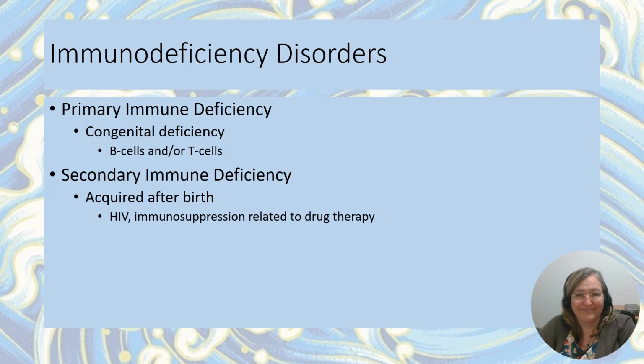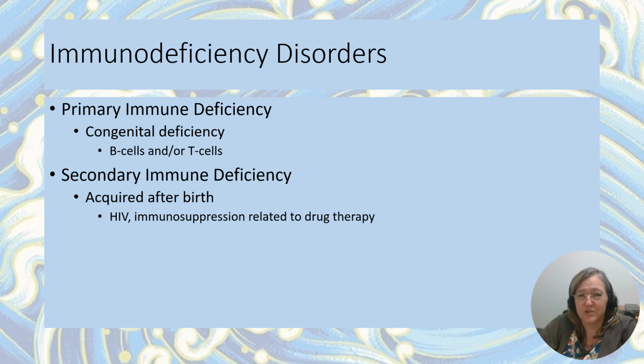So when we talk about immunity, we talk about primary immune deficiency or secondary immune deficiency. Primary immune deficiency is a congenital deficiency. Secondary immune deficiency is something that's acquired from either HIV, immunosuppression, or for some other reason the child is having a less robust immune response.